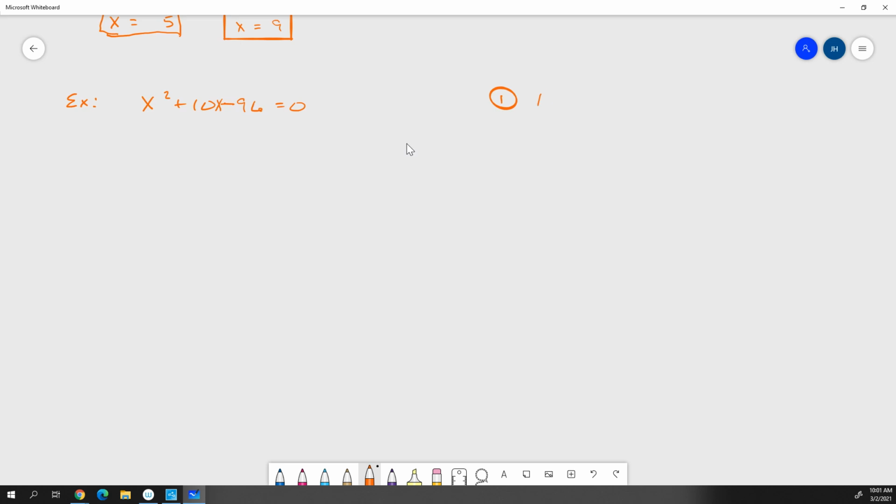So the first thing we want to do is move constants, or C terms, to the right. And all x terms, whether it be x to the first power, x squared, whatever, we want those on the left.